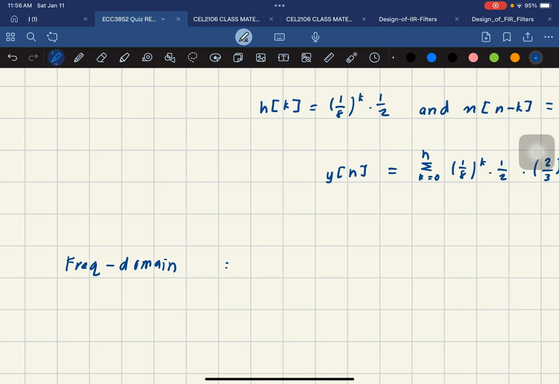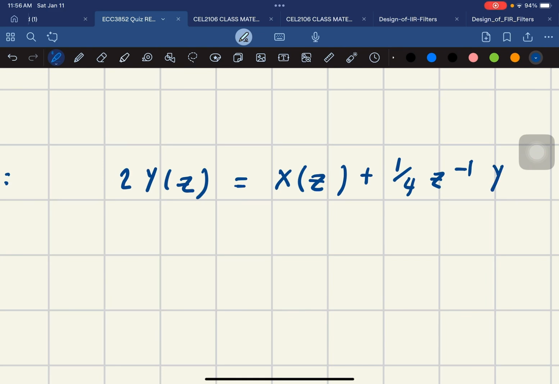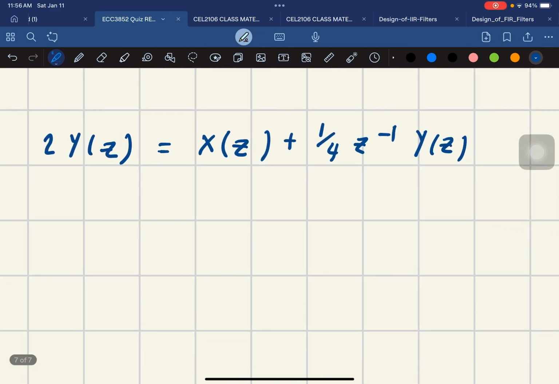Since we are using the Z transform here, we take the transform of the difference equation, Y(z) minus 1/8 z to the minus 1 Y(z) equals 1/2 X(z). So we need to arrange to get the H(z).